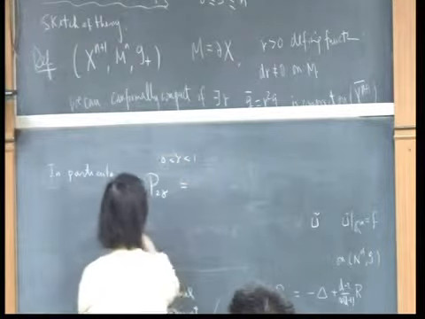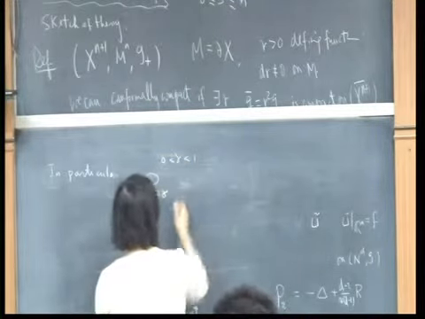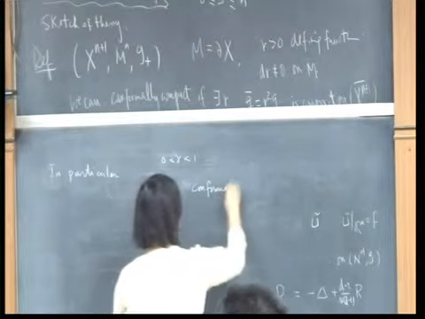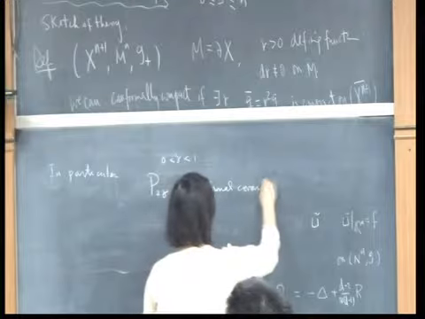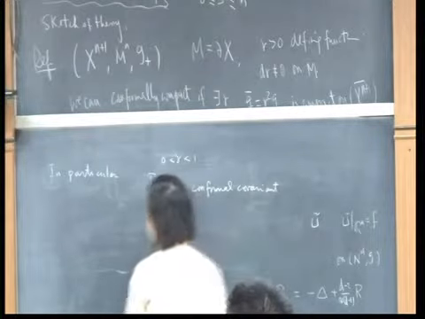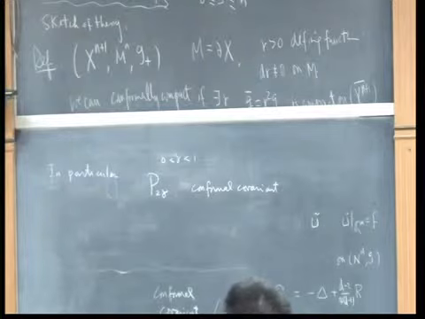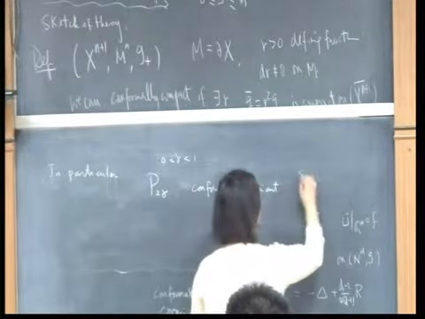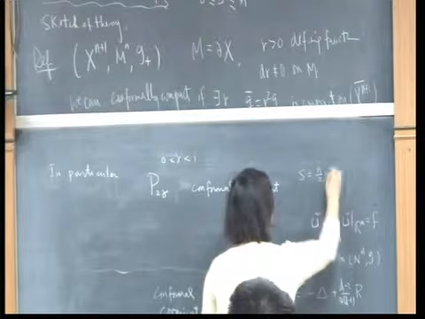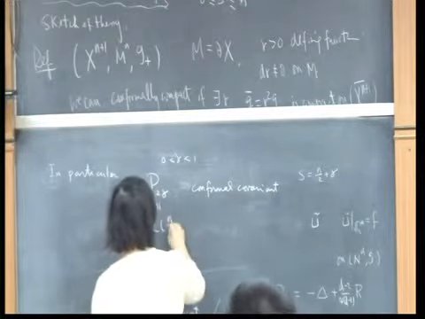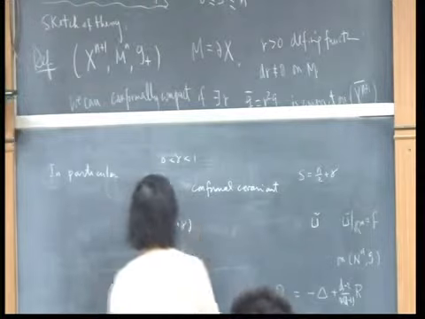And the P2 gamma operator has conformal covariant property, of this index where s equal to n over 2 plus gamma. This is defined to be the S of n over 2 plus gamma.